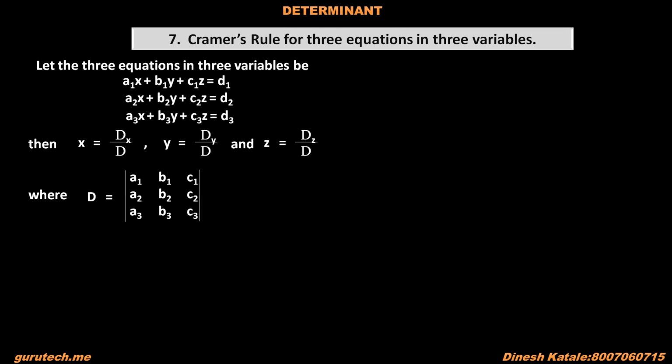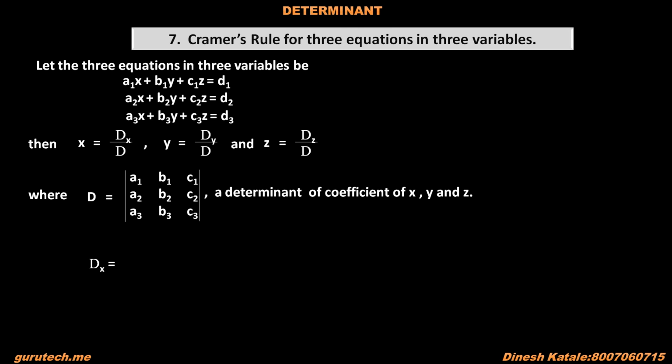These are coefficients of x, y and z of the first equation. Second row is a2 b2 c2, coefficients of second equation, and third row is a3, b3, c3, coefficients of x, y and z of third equation. This is a determinant of coefficients of x, y and z of the above three equations.